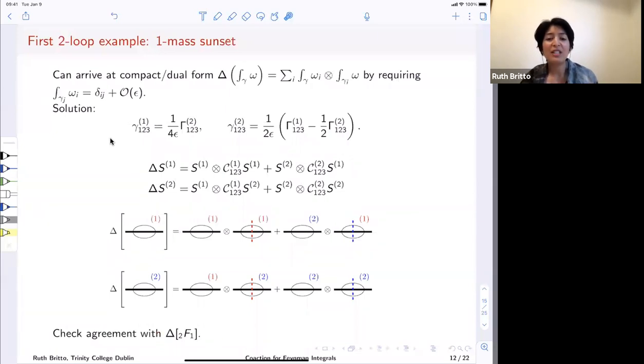And now for these two-loop examples, I said we really emphasize the coaction on the hypergeometric functions rather than on the multiple polylogs because it's a closed form. So then, especially if we're trying to fix the coefficients, we don't have to worry that something strange is happening at higher orders. It's all right there.